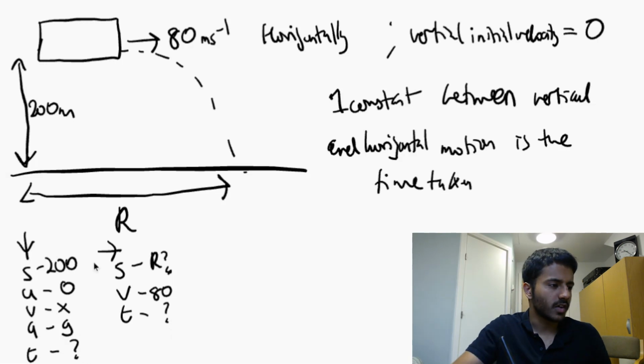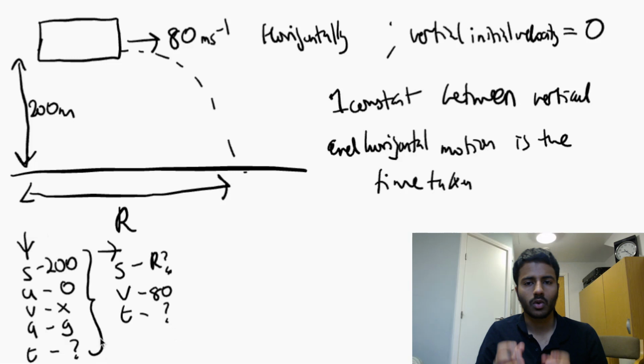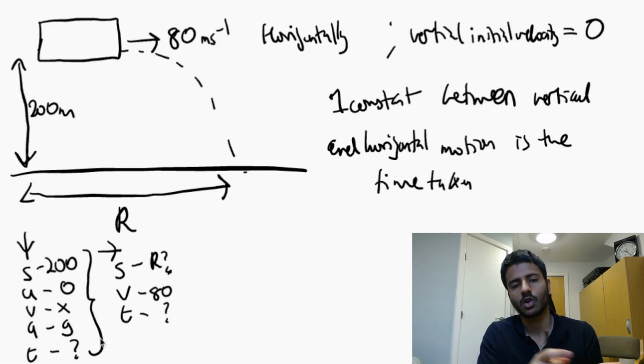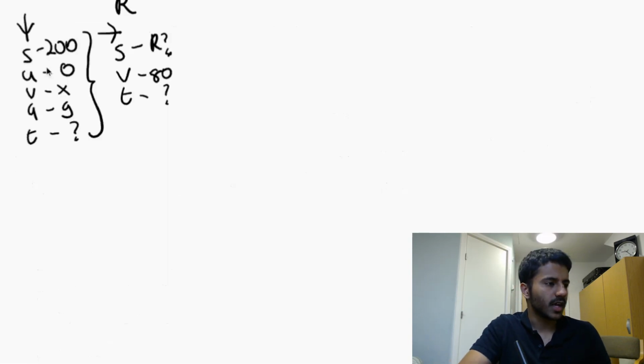So we have enough variables in the vertical direction to work out the time value. We can work out time using the variables in the vertical direction, and then carry that time value from the vertical direction over into the horizontal direction to work out our range. So let's do that. We're given S, U, A, and we want to work out what T is. We're not given V.